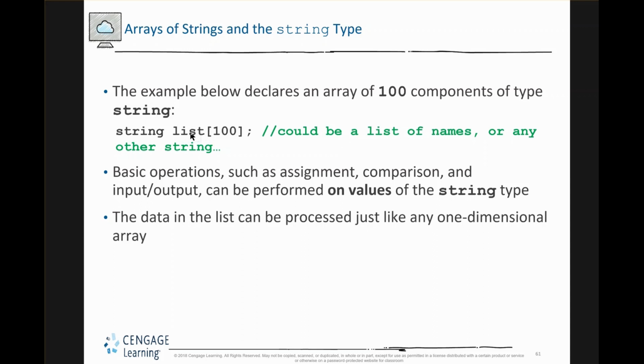It could be a list of names, could be a list of cities, we don't know. It's a list of 100 string data types. Basic operations such as assignment, comparison, and input-output can be performed on values of the string type. So we can do things with this. The data in the list can be processed just like any one-dimensional array.